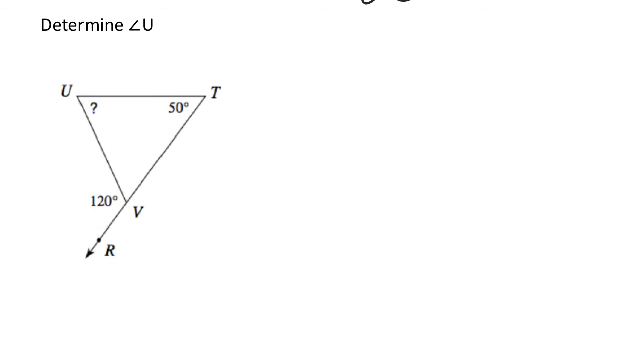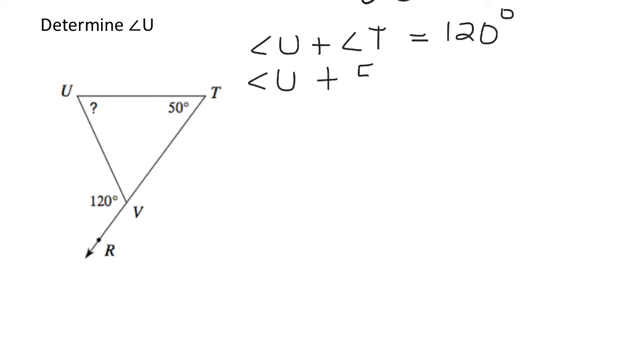So what I'm going to do is build myself a little bit of an equation, and I'm going to use that equation to solve for angle U. So I know that angle U plus angle T has to equal 120 degrees according to that exterior angle theorem. So we don't know what angle U is, but we do know that angle T is 50 degrees. And it's all equal to 120 degrees. So this is a simple equation to solve.